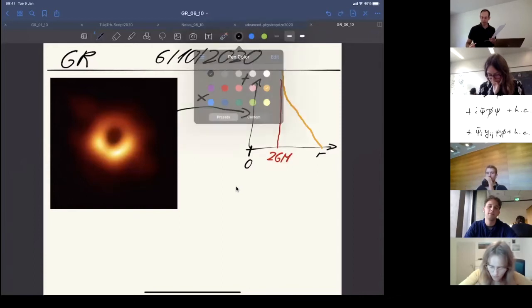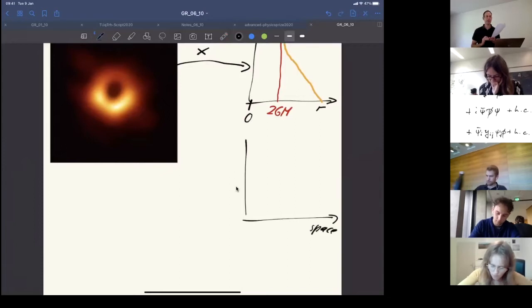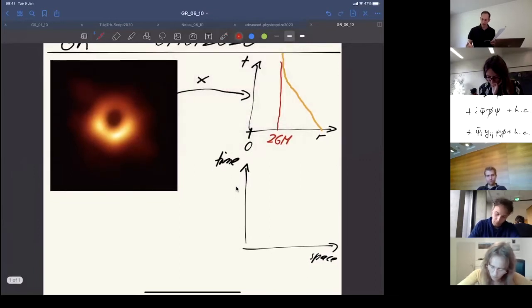And in better coordinates, I still can draw something like this. There is something like space. It's no longer R, but I'll just indicate there's some space-type coordinate, and there is a time-type coordinate. And in this diagram, this red line that I have on the left may look just like something like a diagonal, but the important thing is I see a much larger region.